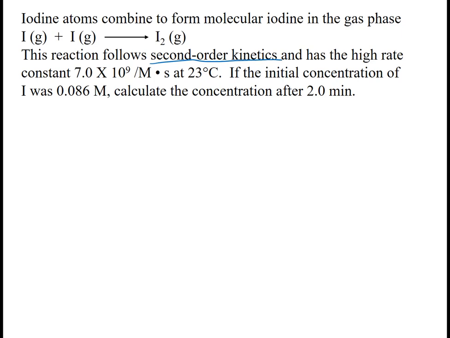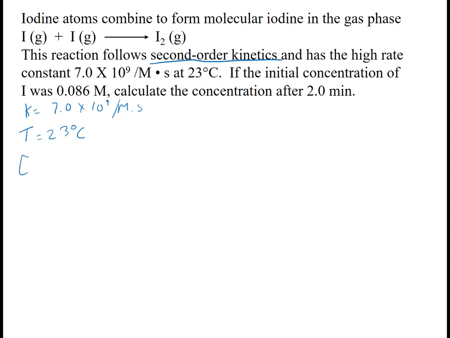It has a rate constant, which we know is now k, of 7.0 times 10 to the 9th per molar second. The temperature is again given because the rate constant is temperature dependent, but we're not going to use it.